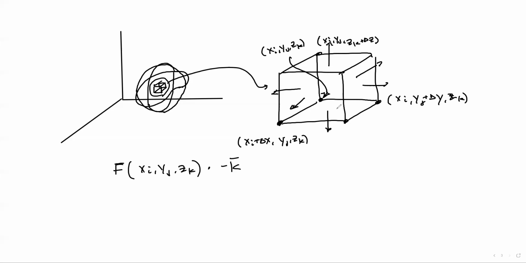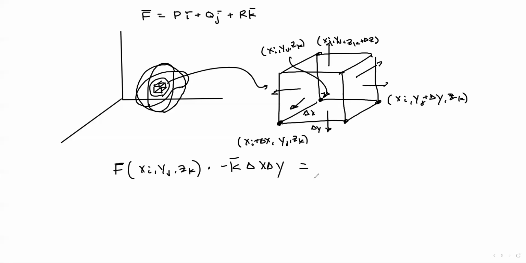To take into account the size of the bottom, we're going to multiply this by change in x, change in y. That's because this distance is change in x and this distance is change in y, so the area for this bottom is given by that. Then we can actually do the dot product if we represent F and say F equals P i plus Q j plus R k.